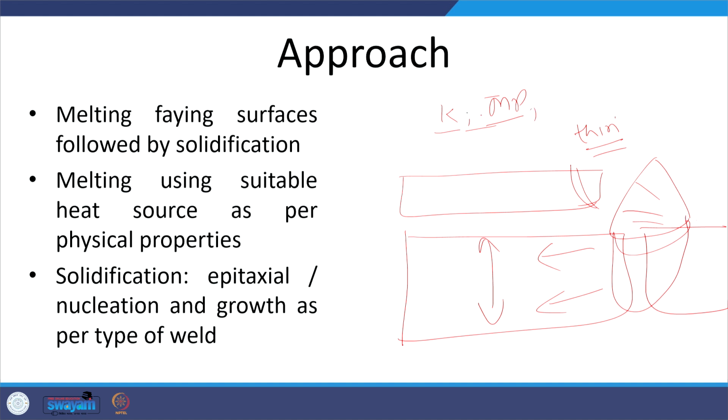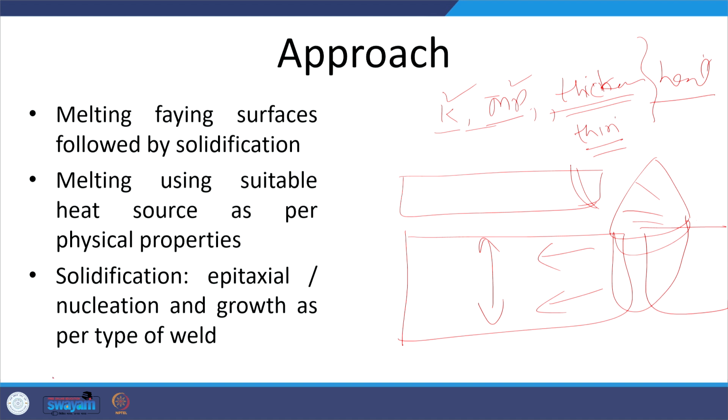So, apart from thermal conductivity and melting point, the thickness of the section is another factor that affects the heat to be supplied, and it also affects the choice of suitable welding process and welding process parameters, because these will be governing the welding process as per their power density and process parameters.